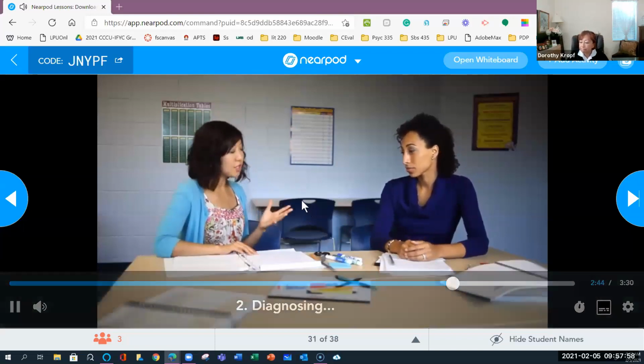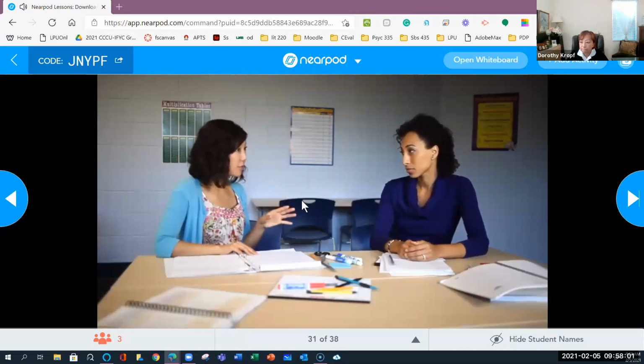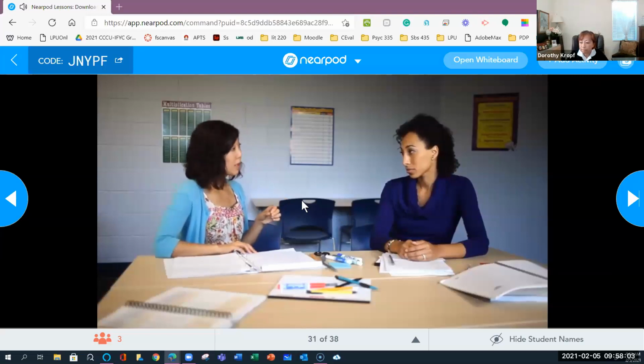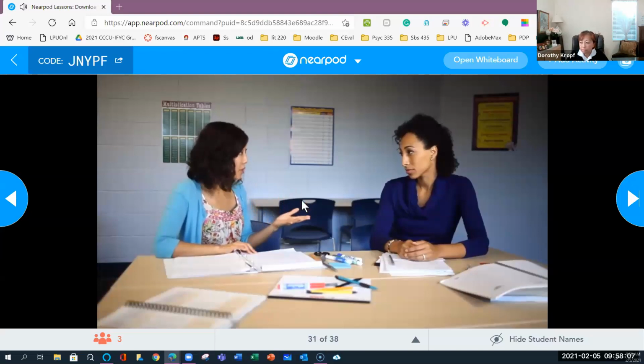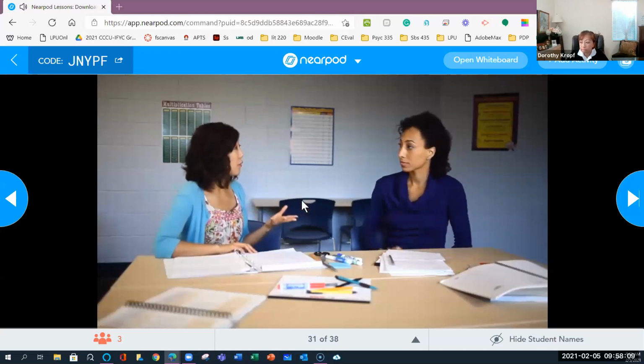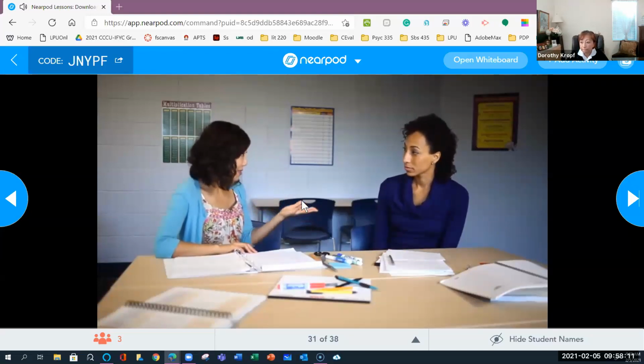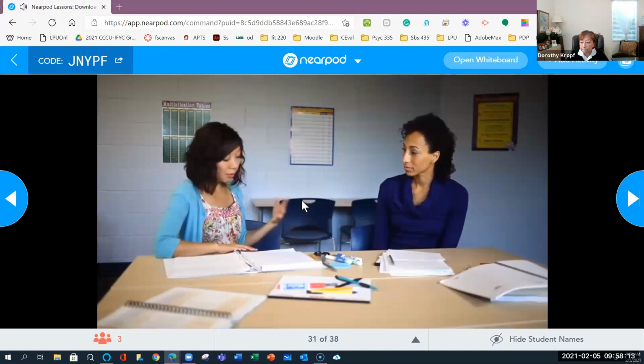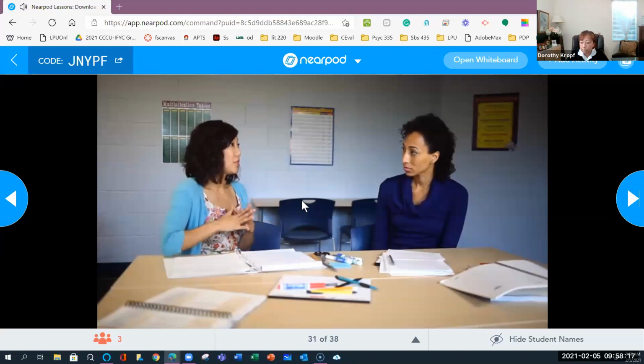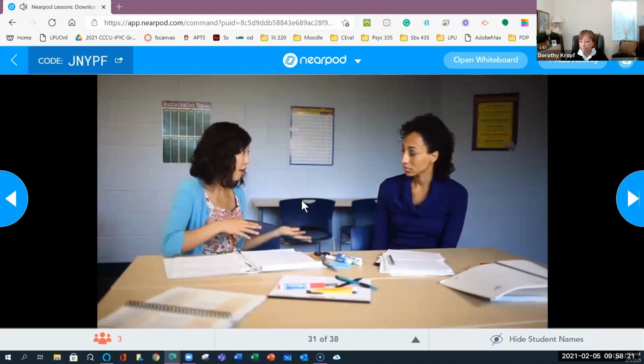Well, I think accommodations could help Emma in both the classroom and during testing. Because of her reading disability, Emma doesn't read at the same level as her peers. And this is getting in the way of her understanding in her other classes, including yours. So although her reading ability may improve through intensive interventions and support, it may take a long time, and we don't want her falling farther behind.